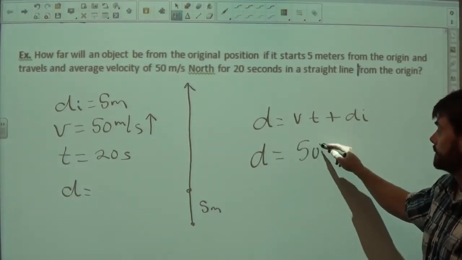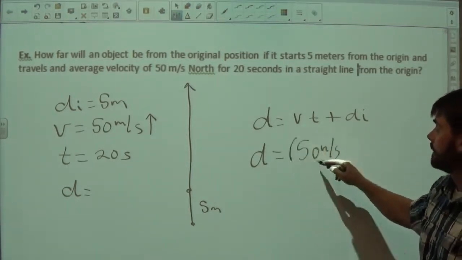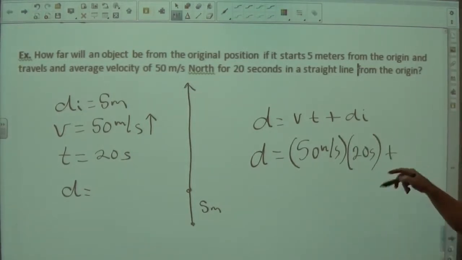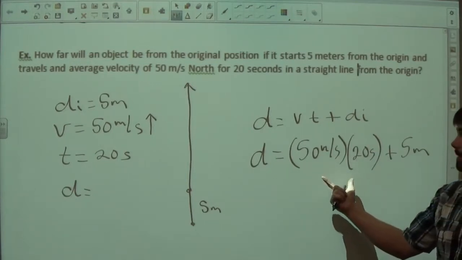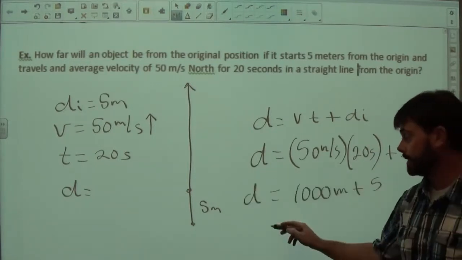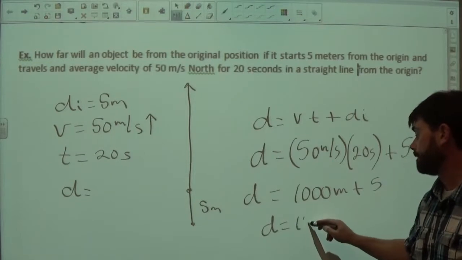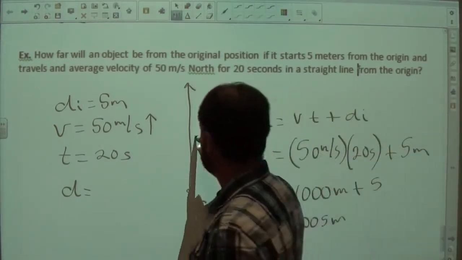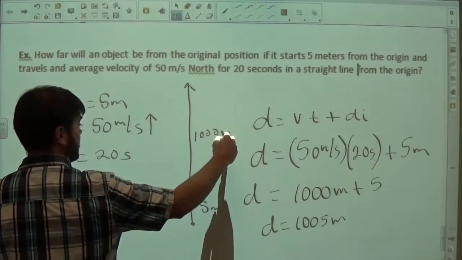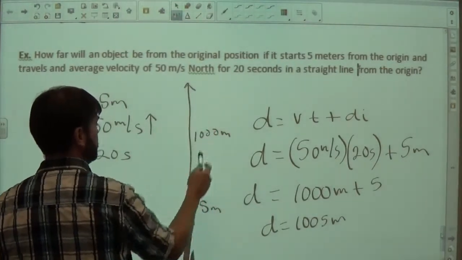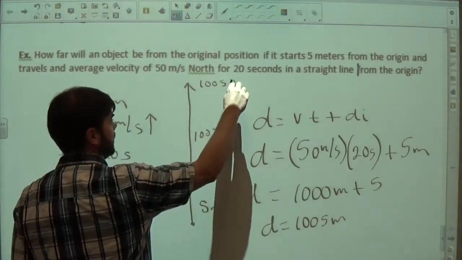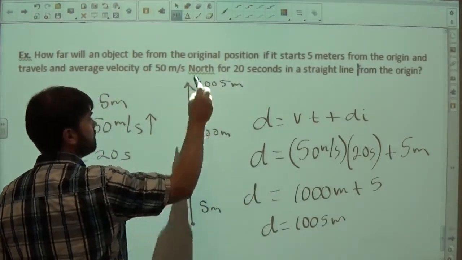Velocity 50 meters per second, time 20 seconds. Starting position was equal to 5 meters, so that's already done. So we multiply the 50 by the 20, 1,000 meters. So that means the additional distance from here to here is a total of 1,000 meters, and our finish point would be 1,005 meters.